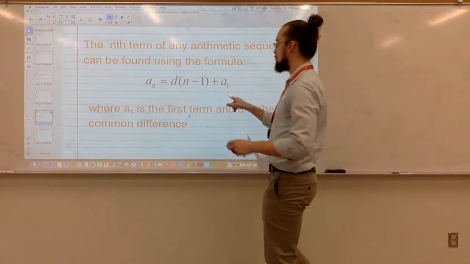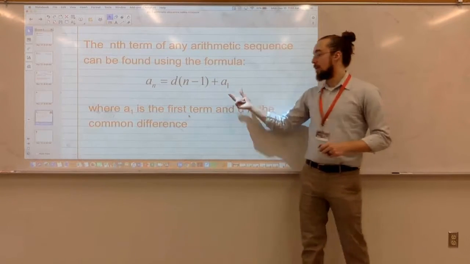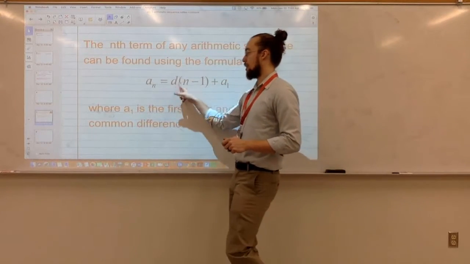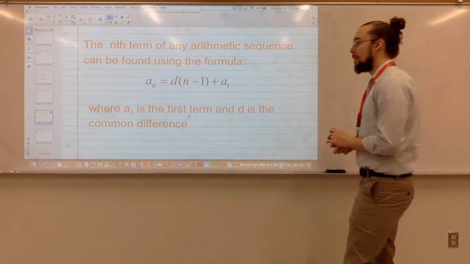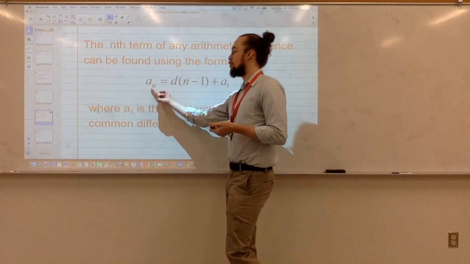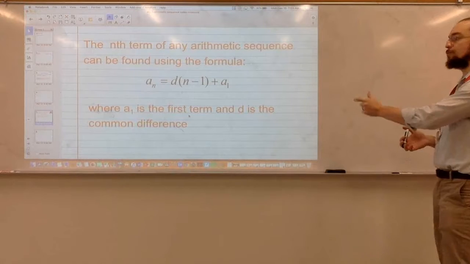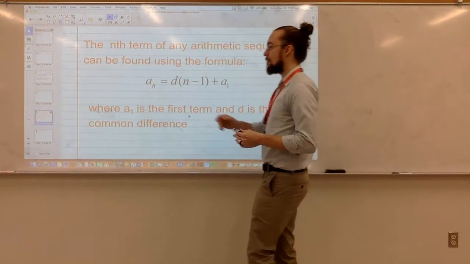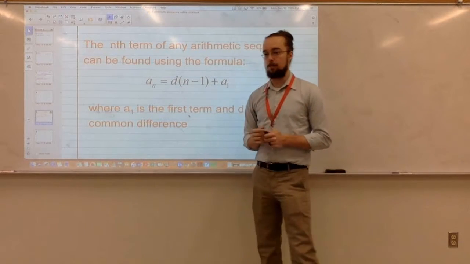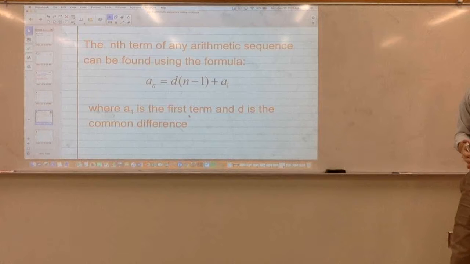So a sub 1 means the first term. D is the common difference. Then n is whatever number term we want. So if we want the 50th term, we would substitute 50 in place of n. But we can just leave that as n if I want a generic formula, a generic equation that would tell me any term in the sequence.